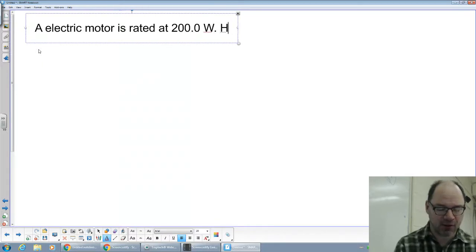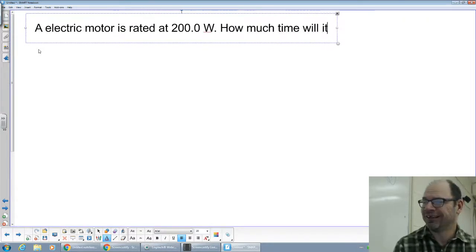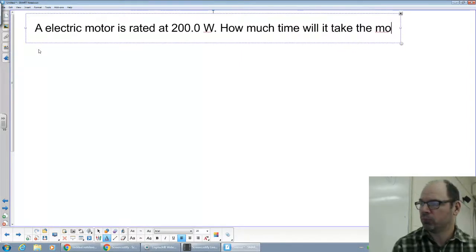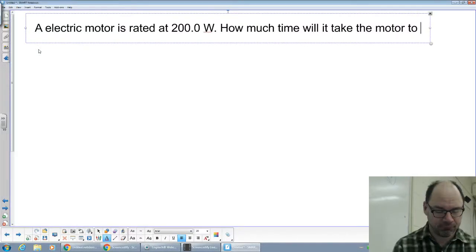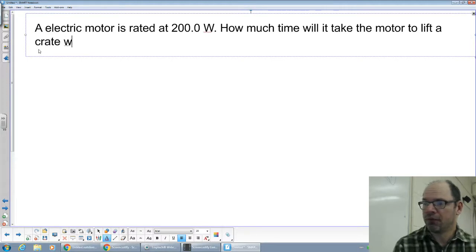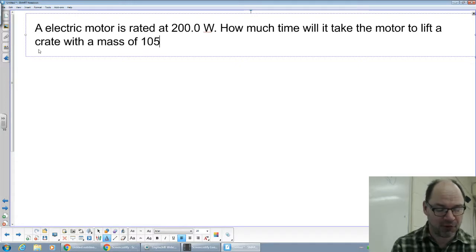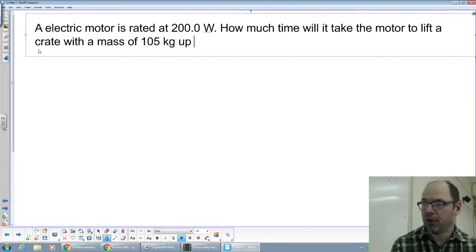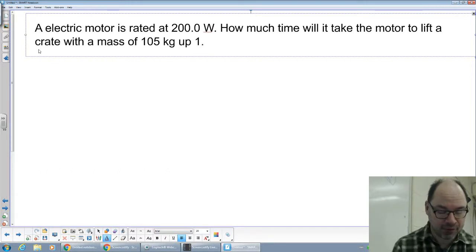How much time will it take the motor to lift, okay, let's say it's powering a lift or something, a crate with a mass of, let's say, 105 kilograms up 1.80 meters.